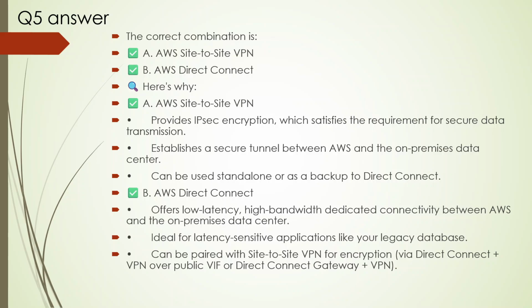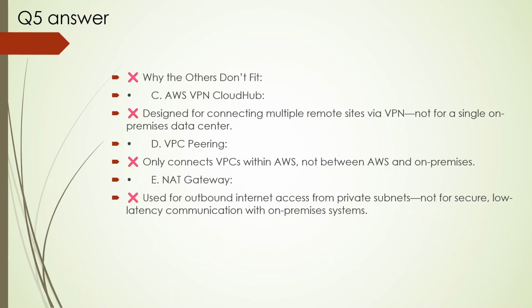Direct Connect offers low latency, high bandwidth, dedicated connectivity between AWS and an on-prem data center, ideal for latency-sensitive applications like your legacy database. It can be paired with Site-to-Site VPN for encryption. The other options are wrong. CloudHub is designed for connecting multiple remote sites via VPN, not a single on-premise data center.